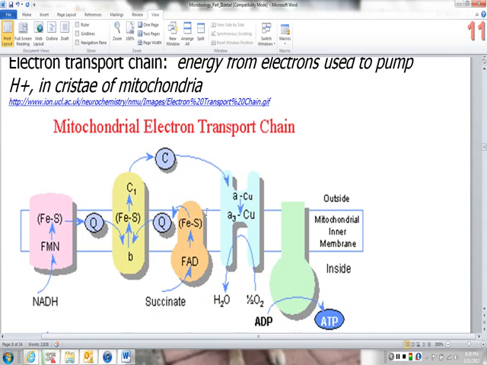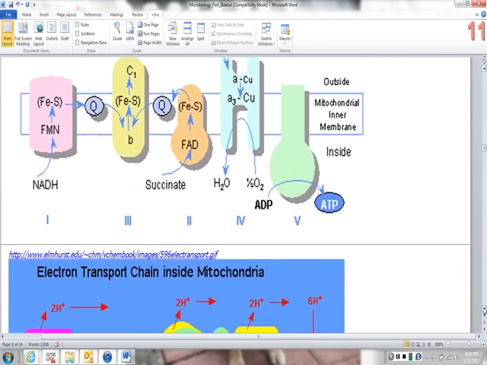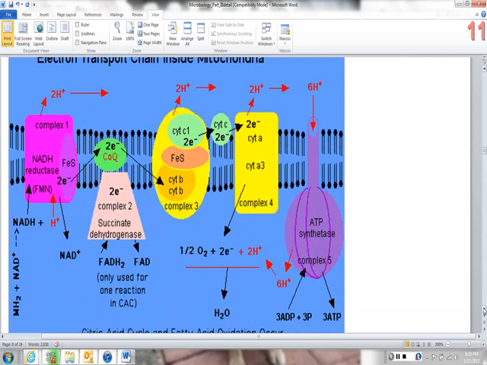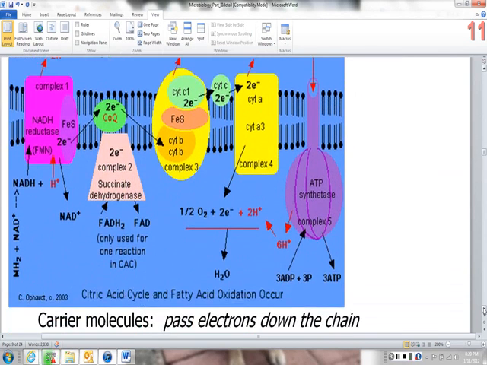So it can be seen here with the carrier molecules. There are a few differences in carrier proteins in some organisms. This is another example here of the electron transport chain.